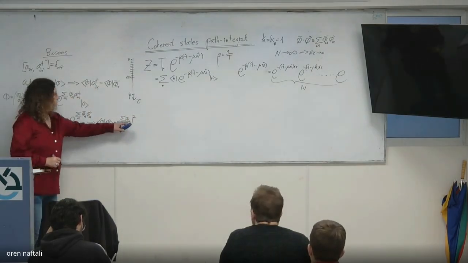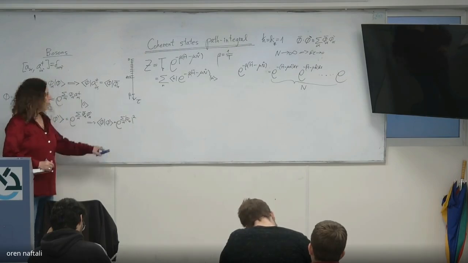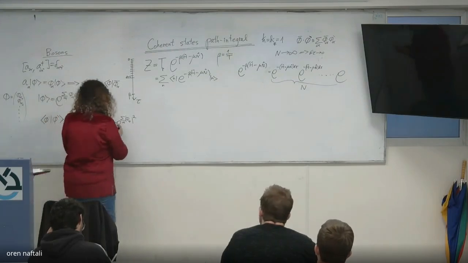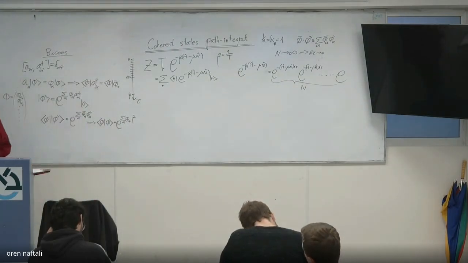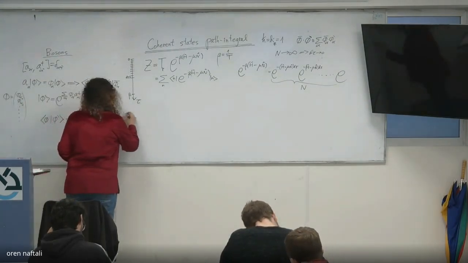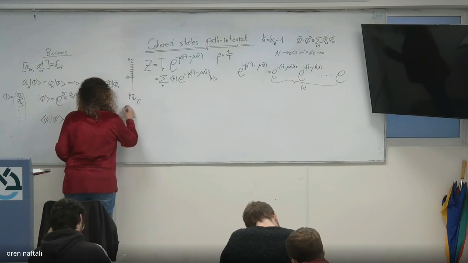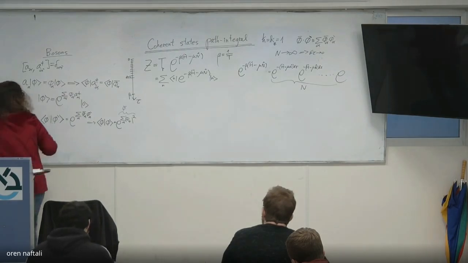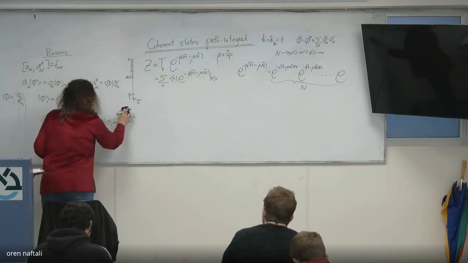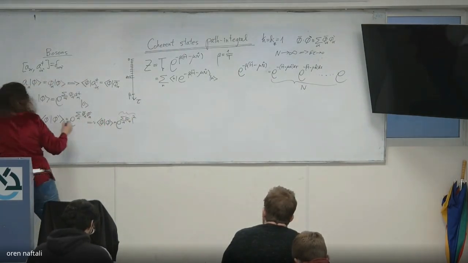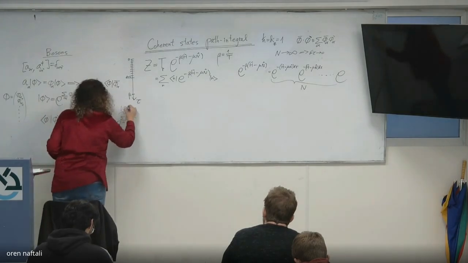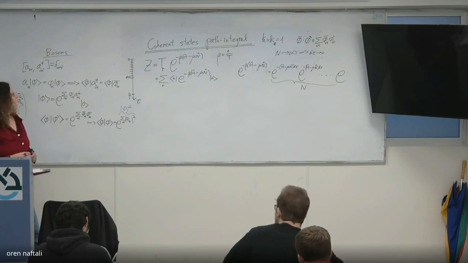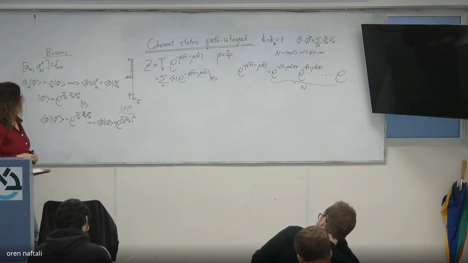So it's always bigger than 1 because it's an exponential of a positive number. Okay, this thing again, if I want to use my shortcut notation, it is just phi bar phi.